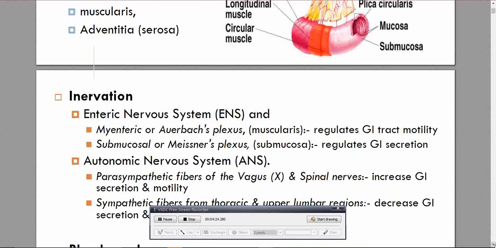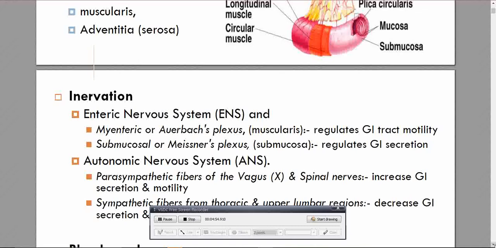It regulates GI tract motility, so if the Auerbach's plexus is interfered with, you will have IO. IO is a clinical condition manifested with 4 cardinal signs. IO is called intestinal obstruction. It is mostly due to the GIT motility being unable to work accordingly.